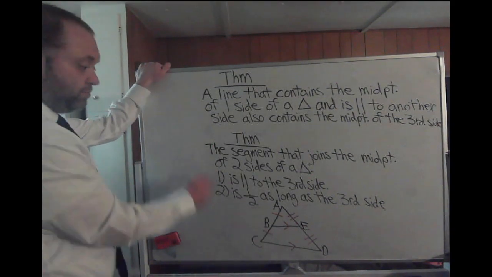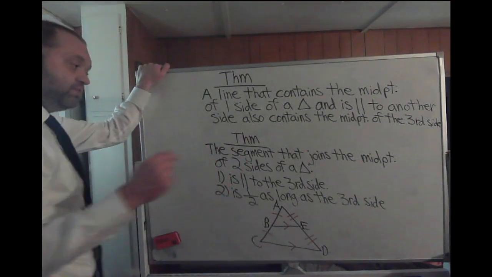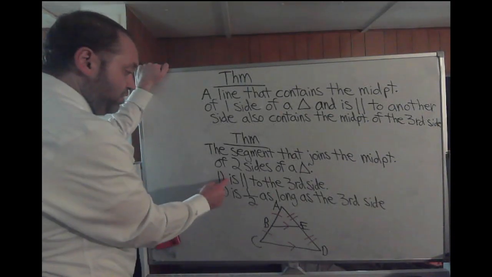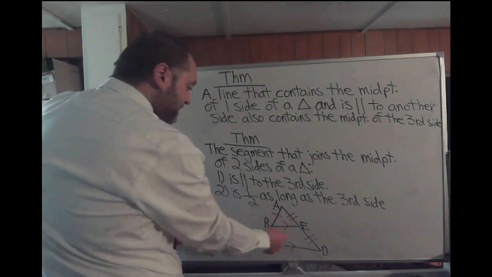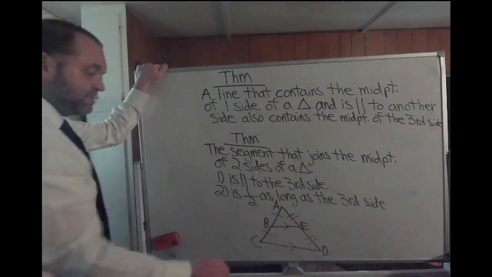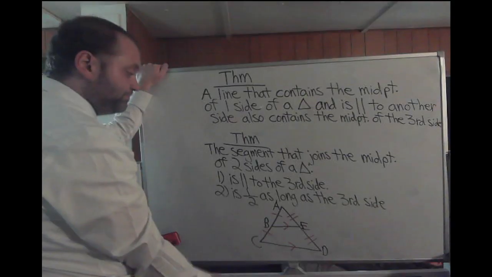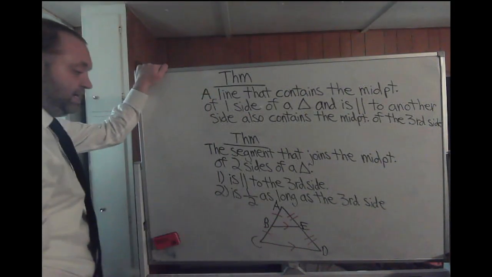The next theorem using this triangle is that the segment that joins the midpoint of two sides of a triangle, for part 1, is parallel to the third side. So segment BE joins the midpoints of AC and AD, right? That means that BE would be parallel to CD.